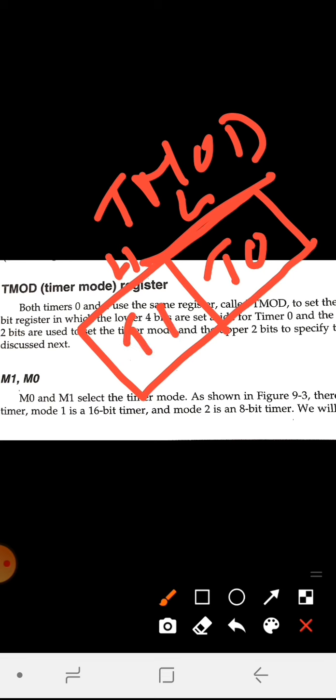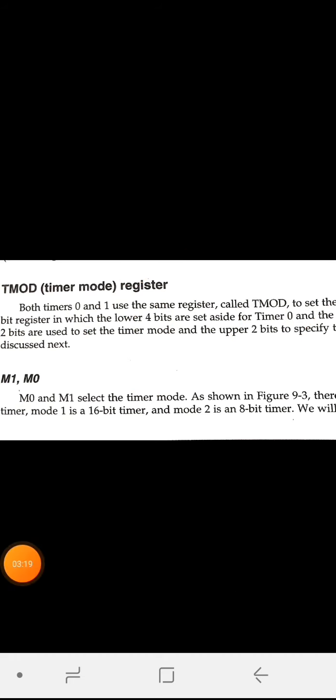So the lower 4 bits are dedicated for timer 0 and the higher 4 bits are dedicated for timer 1. In these 4 bits, the lower 2 bits are used to specify the mode of the timer and the remaining 2 are used to specify the function, nothing but the operation.